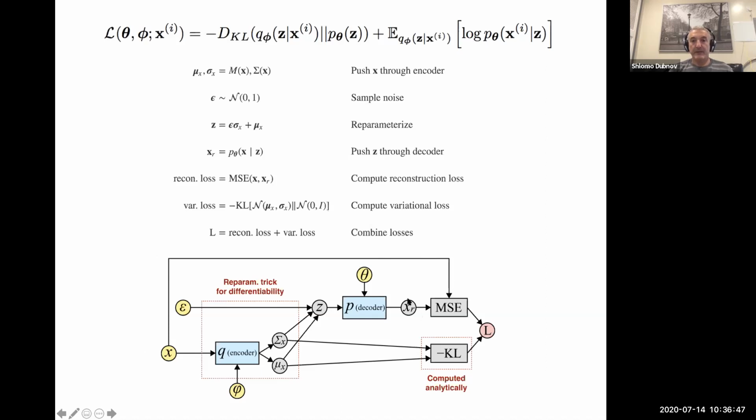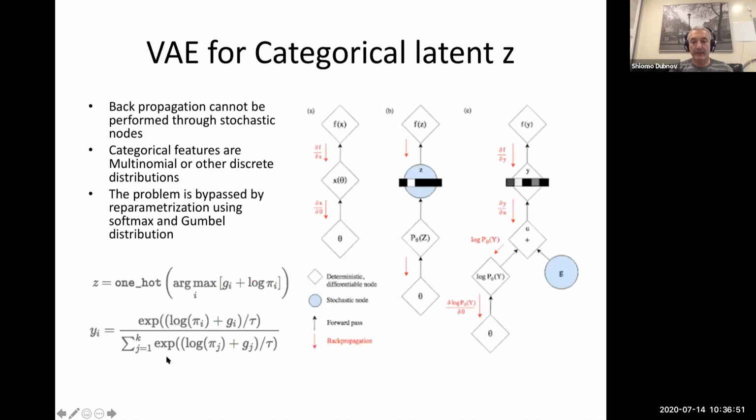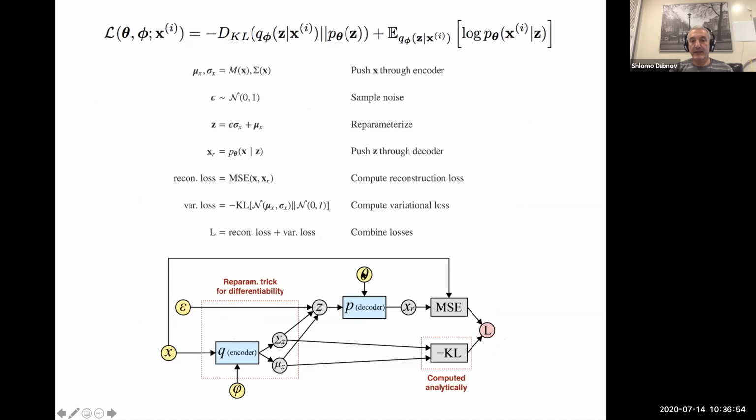And we need to have some other measure now, as in a normal autoencoder. In a normal autoencoder, we had a mean square error between X and X reconstructed. Here it's still written as log of P, but if you do the math and put in some assumption of Gaussian distribution, you can show that this becomes mean square error.